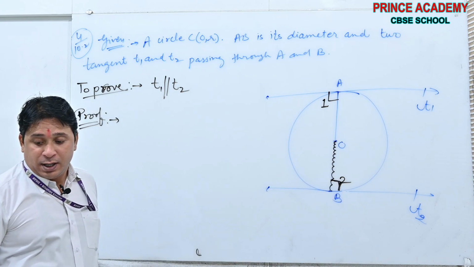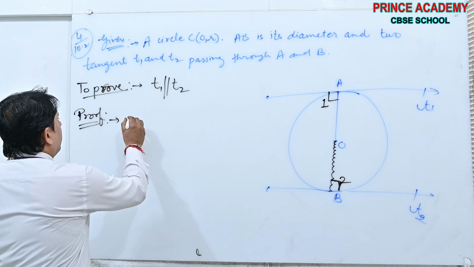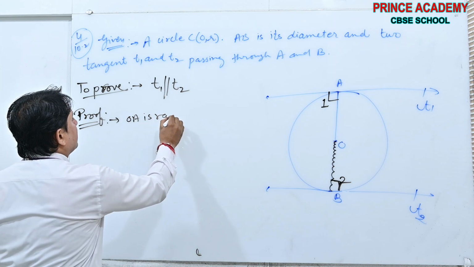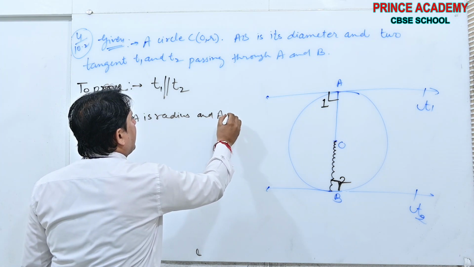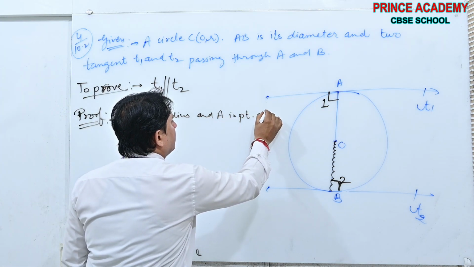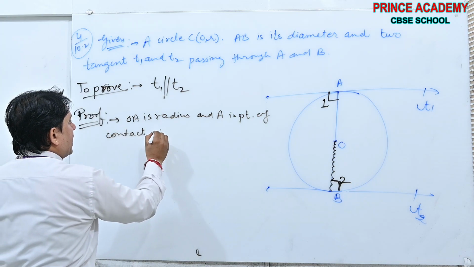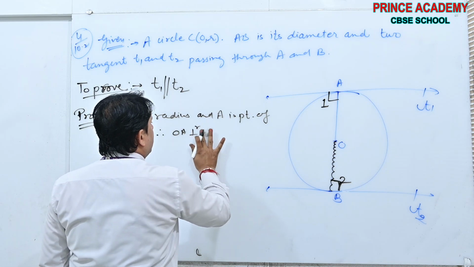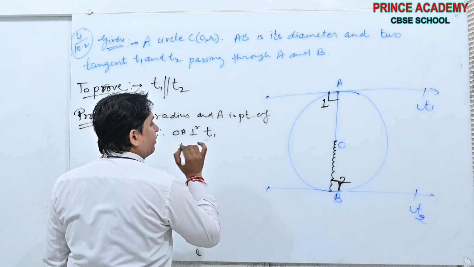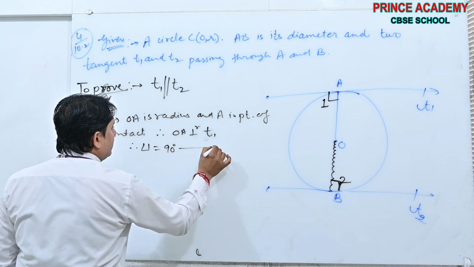Yes or no? See beta, what I am going to write. OA is the radius and A is the point of contact. Therefore, OA is perpendicular to T1. Therefore, angle 1 is 90 degrees. Yes or no?